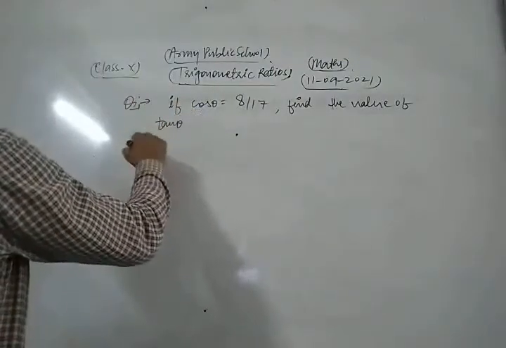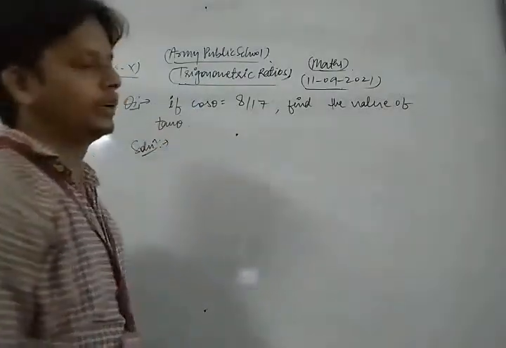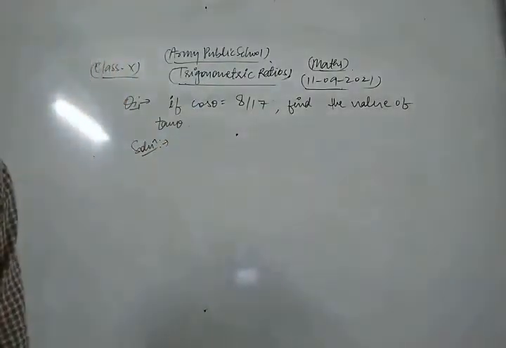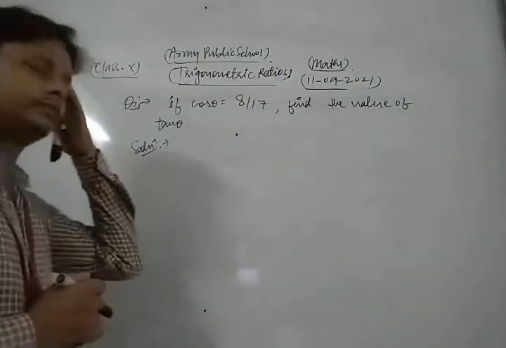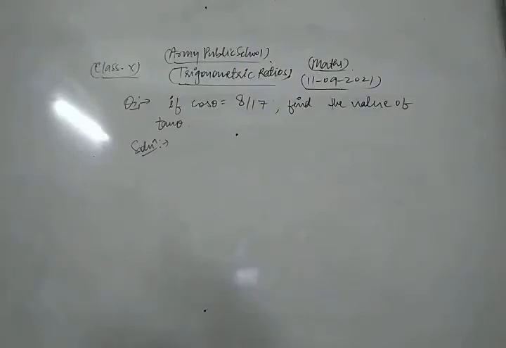Now let's see the solution. We have the value of cos theta, means cos theta is given as 8 upon 17, and we just find the value of tan theta.